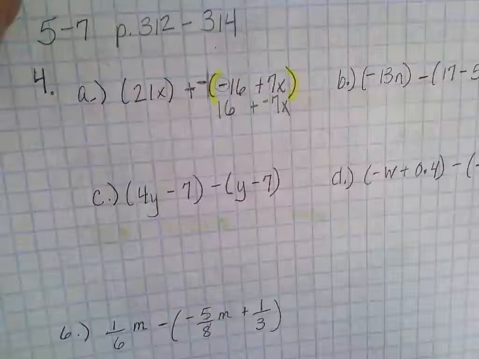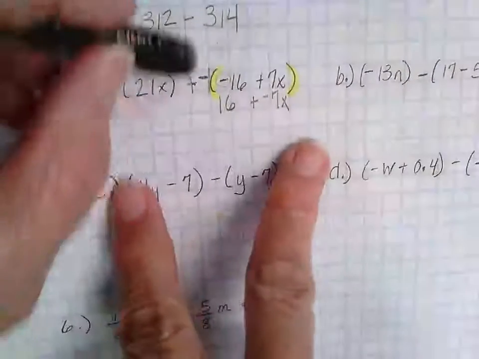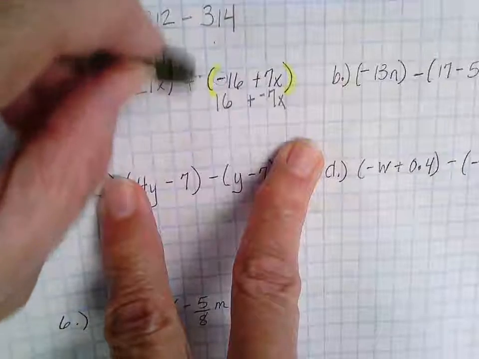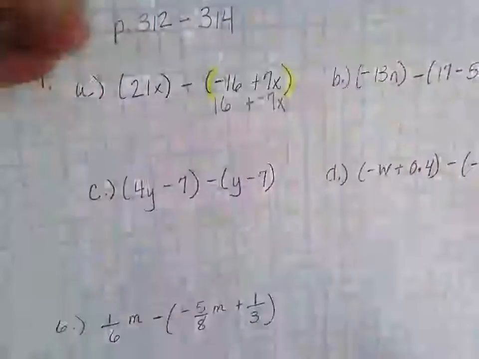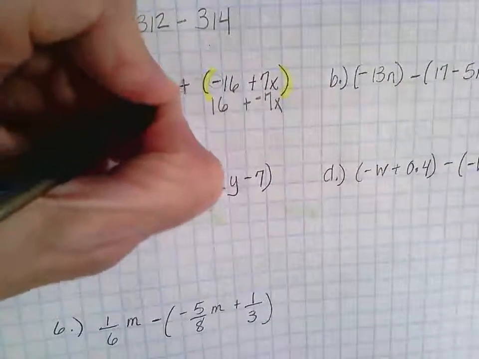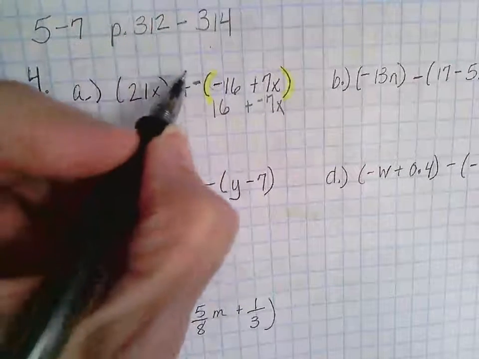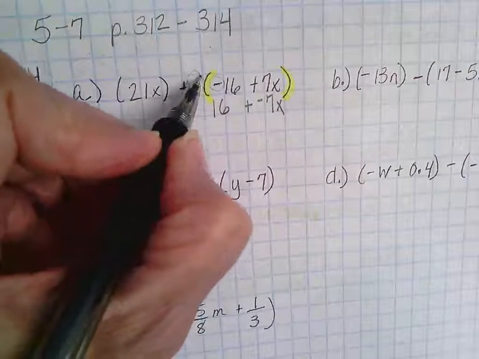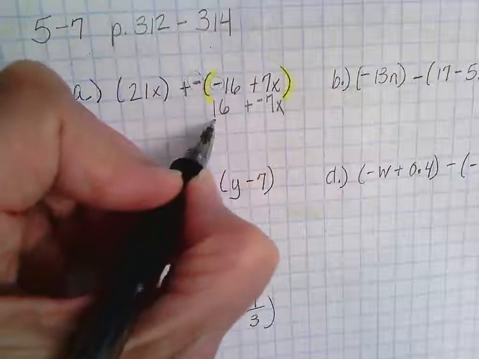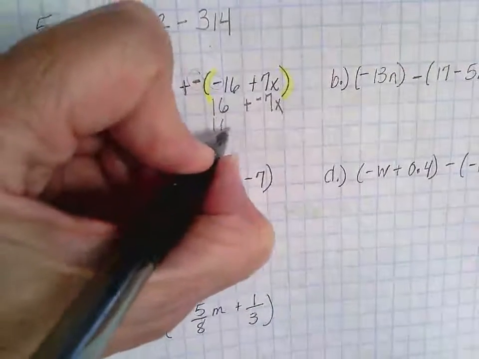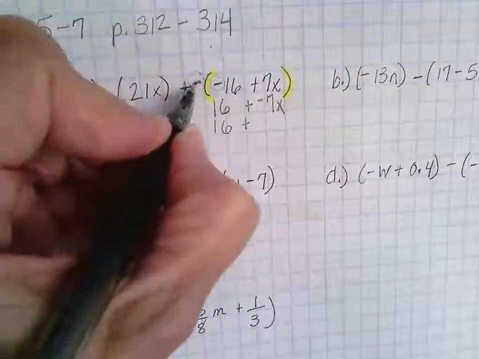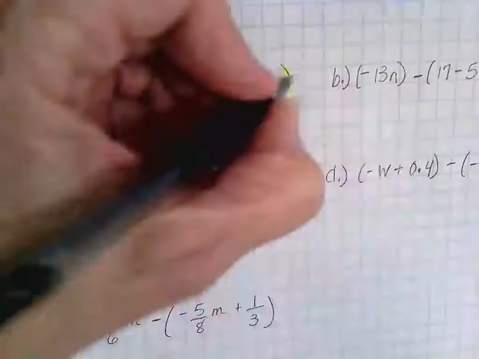The other way I could choose to think about that is by not putting the little 1 there. I could just say, I know that this sign is going to change this to its opposite, so it's going to become positive, and this is going to become negative.